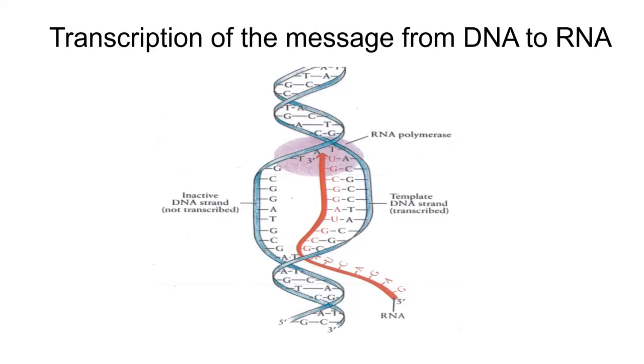In other words, the RNA contains a complement of one strand of the DNA, which means it's identical to the other strand of the DNA. That RNA that's produced is a single strand. Once it's made, it leaves the DNA, it leaves the nucleus, and goes into the cytoplasm.